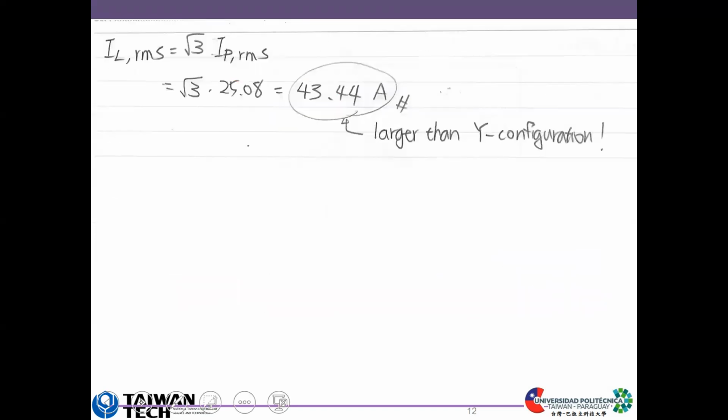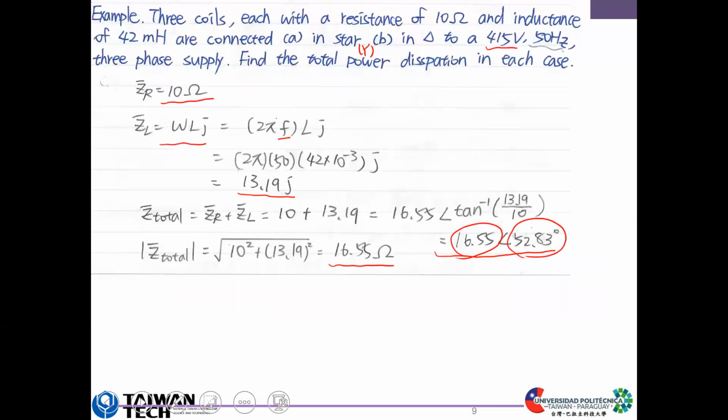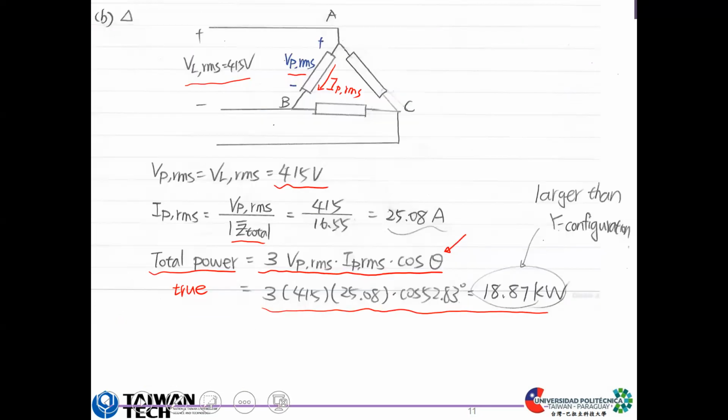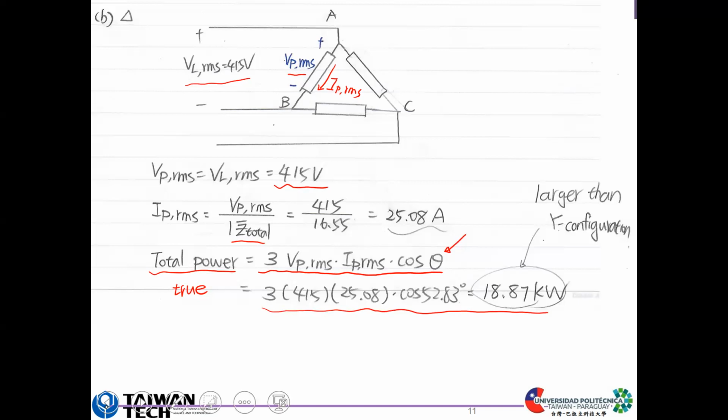And so is this larger than Y configuration? Yes. The power of the delta configuration is larger than the Y configuration under the same line voltage, because the line current of a delta configuration is larger than in Y configuration.